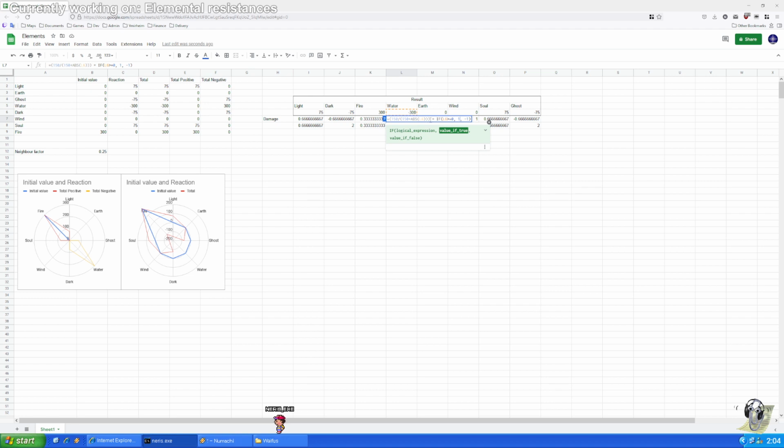Okay, so I need to rewrite this. So let's cut that. Then this isn't changed. Then this is 1 minus.